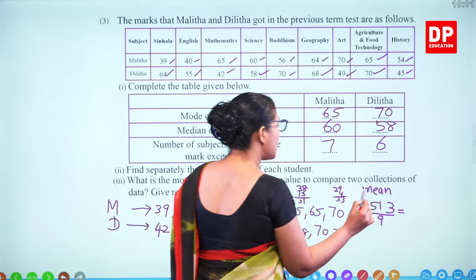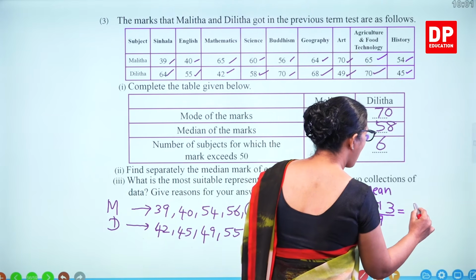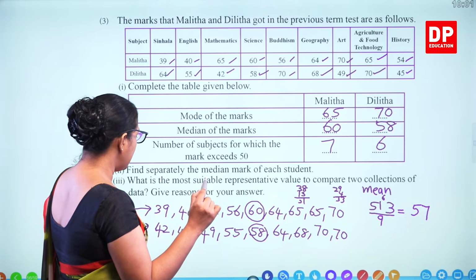So what's the mean value? 9 times 5, 45. For 63, 9 times 7. So 57 is the mean mark for Malitha.